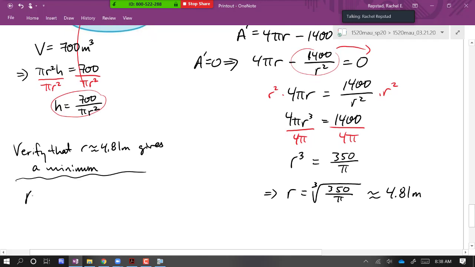And so our first derivative is 4 pi r minus 1400 r to the minus 2. And to verify that we have a minimum, I'm going to find the second derivative. If it is a minimum, I want it to be what? Concave up, right? So hopefully, we'll find the second derivative and then plug in 4.81, and if it's positive, that means it's concave up, and we will have found a minimum.